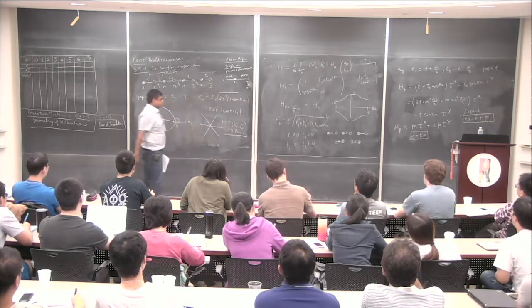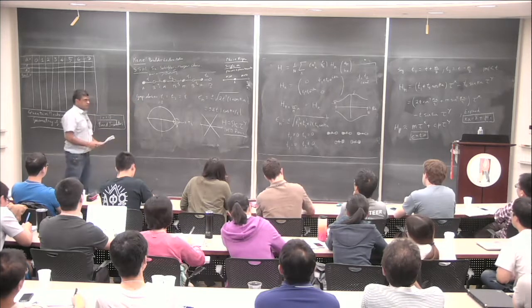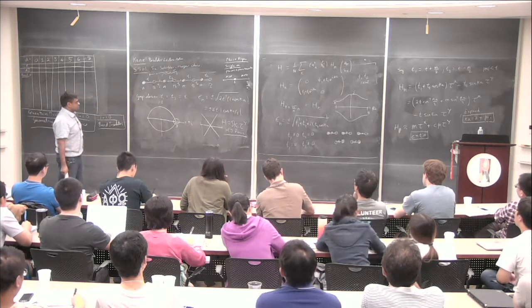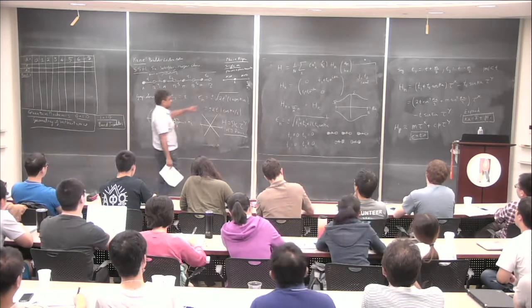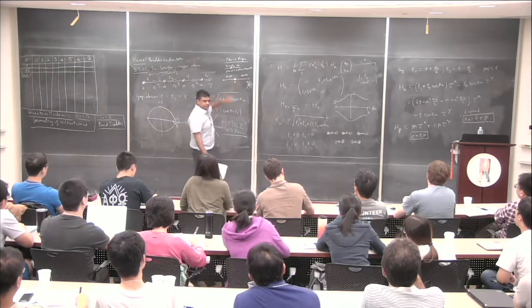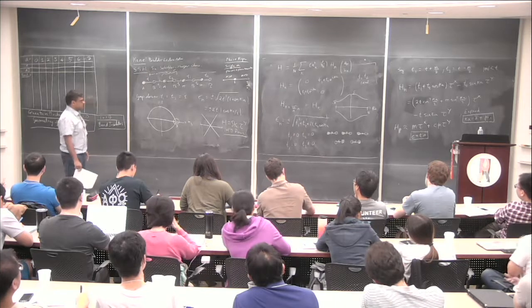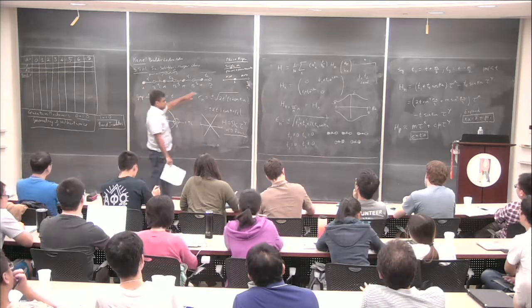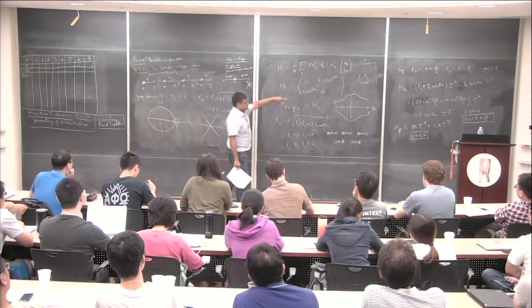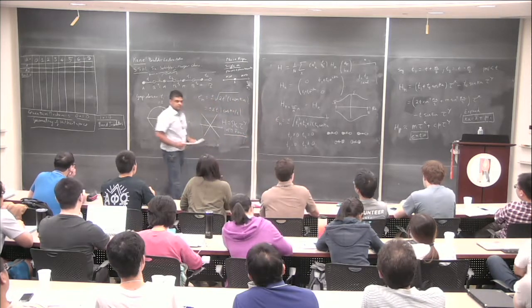Of course, what you'd really like is to have an invariant. You'd like to be able to calculate some topological invariant that will distinguish these two sides. We'll do that in a second. But at least from a low energy theory perspective, this is a nice way to think about it. You have a Dirac fermion, it's gapless, and you can change the sign of its mass.